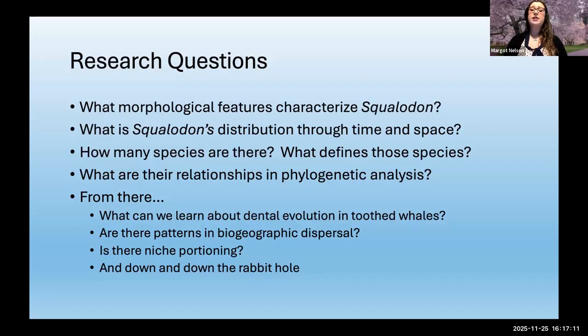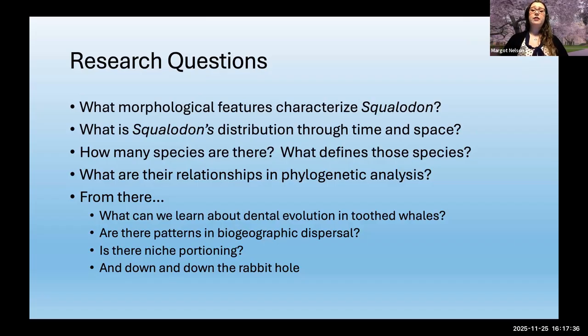By answering those basic research questions and getting those details ironed out, we can then start asking questions about what we can learn about dental evolution in toothed whales. Is there only one evolution of homodonty in toothed whales? Are there patterns in biogeographic dispersal within the Squalodontidae and beyond?